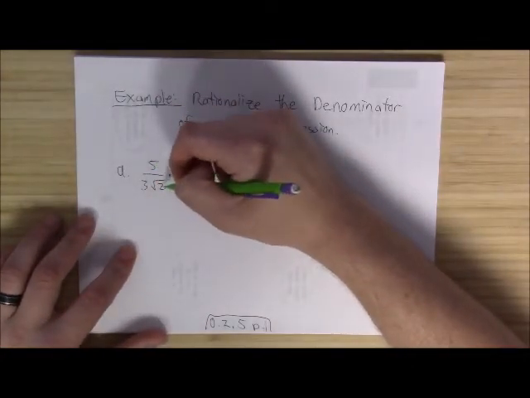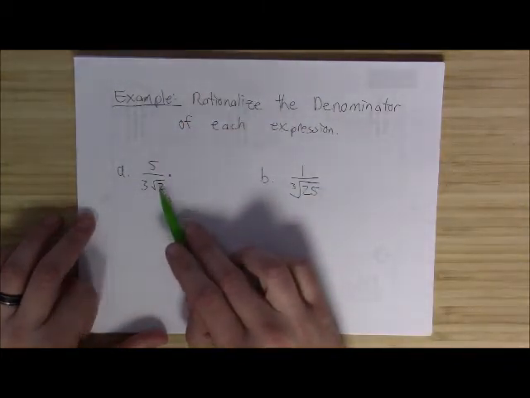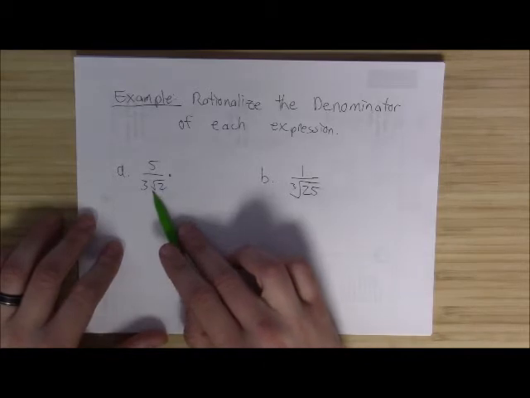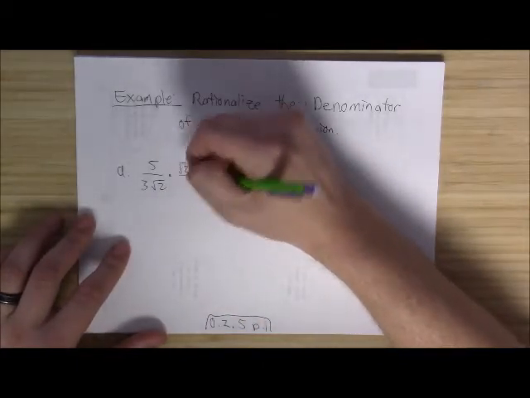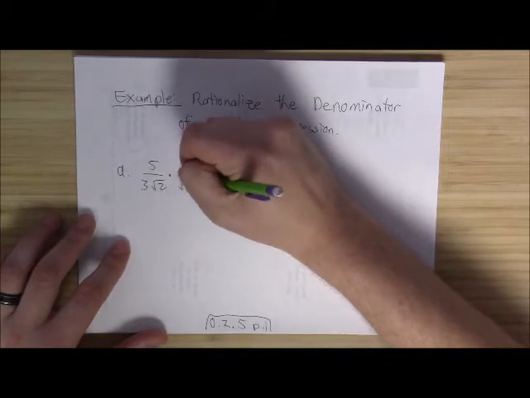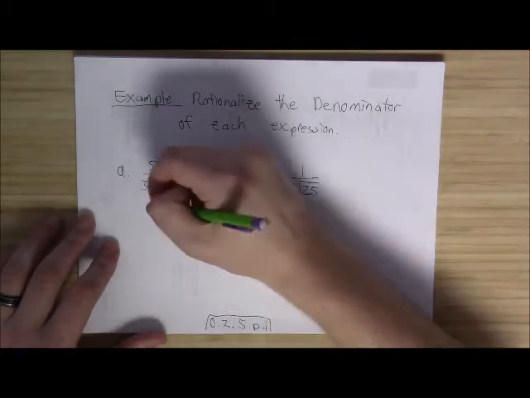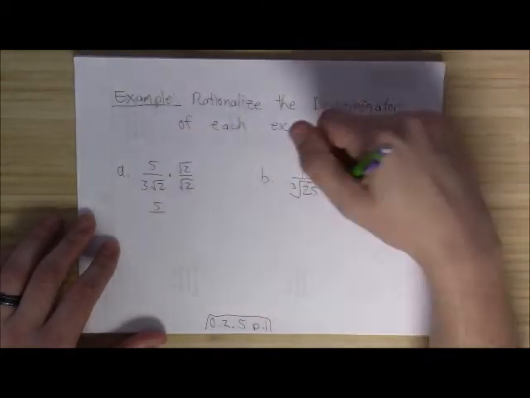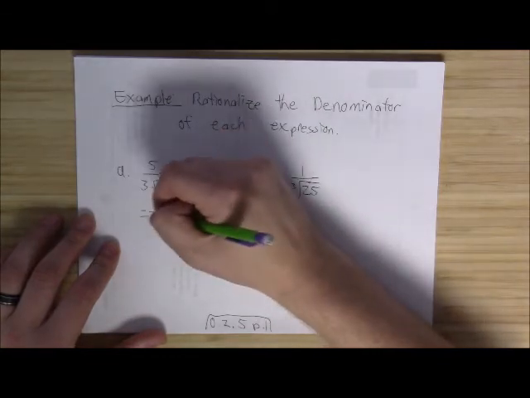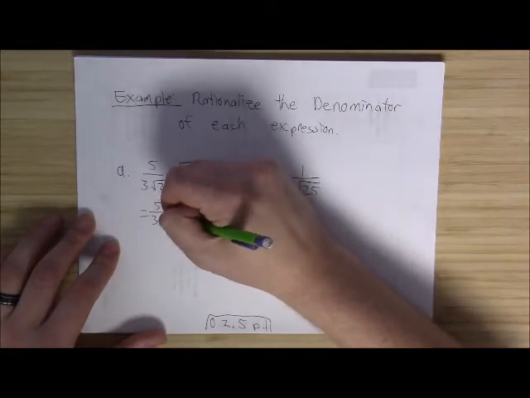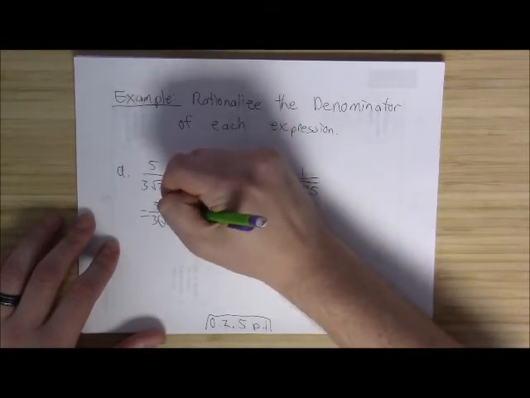The way we do this is by multiplying top and bottom by something which will allow us to cancel out and get rid of the square roots. In this example, it's the square root of 2. By doing that, we end up with 5 over 3 times the square root of 2 squared, now times 5 square root of 2.